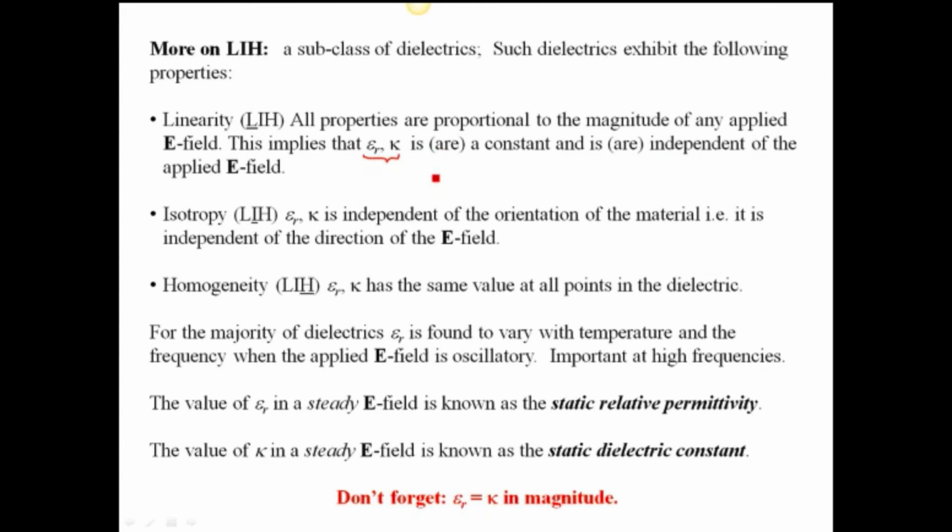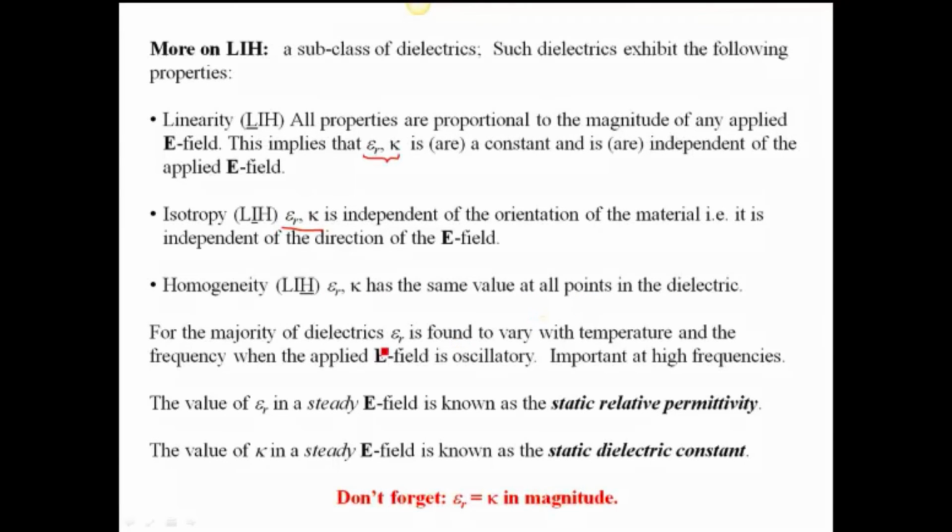Isotropy has to do with the fact that these do not depend on the orientation of the material. It is independent of the direction of the E field. So that means the polarization always goes in the direction of the E field. Homogeneity just means that these constants have the same value at all points in the dielectric.